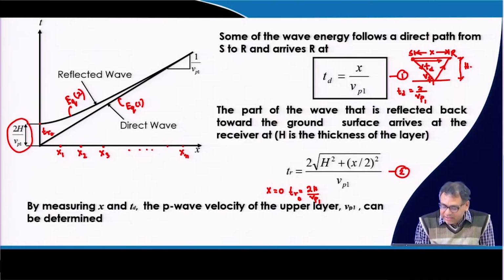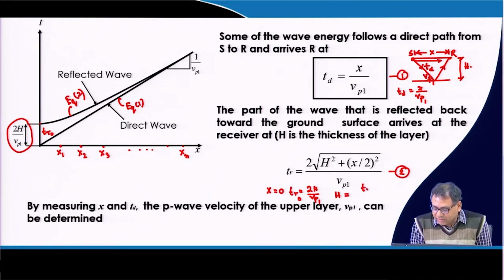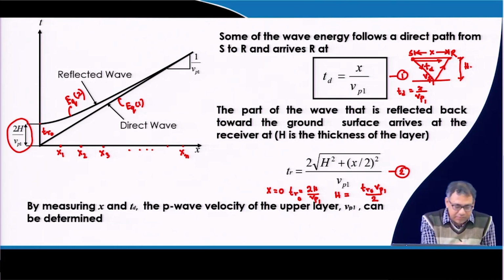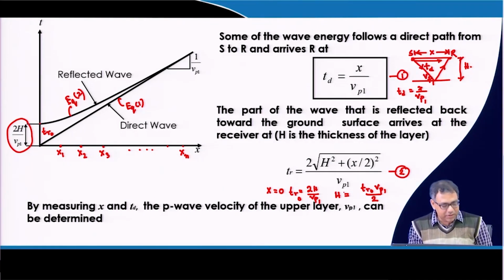So, TR 0 is equal to 2h by Vp1. So, now from here I can get h equal to TR 0 times Vp1 divided by 2. So, I know Vp1 from equation number 1, the straight line curve, and I get TR 0 from the curve intersection point, and then I get the thickness. So, I will get the thickness of the layer and the velocity of the wave also.